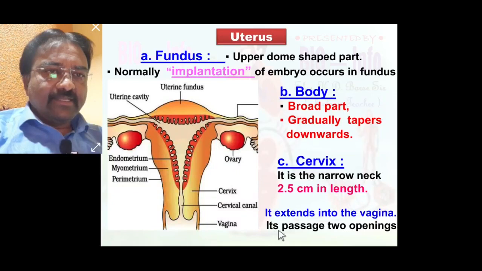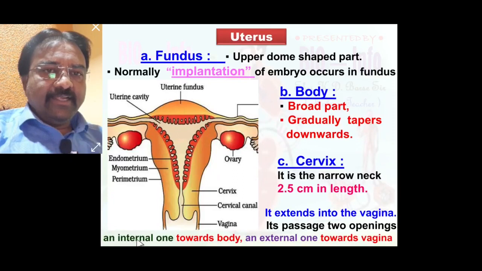The cervix has two openings: an internal one towards the body. This is the internal opening of the cervix towards the body, and an external one towards the vagina. So this is the external opening towards the vagina.